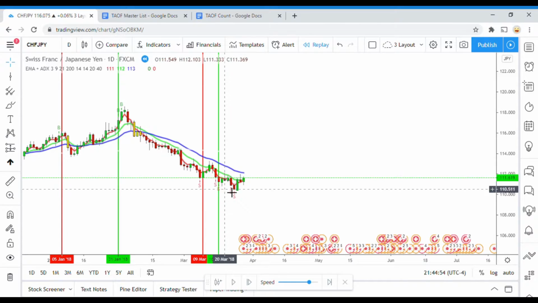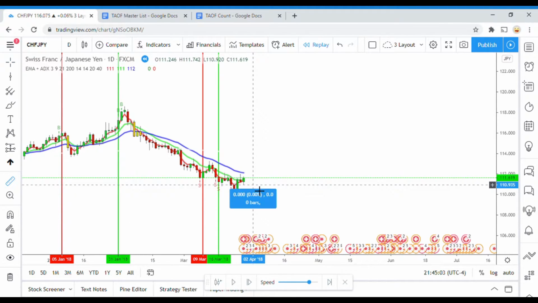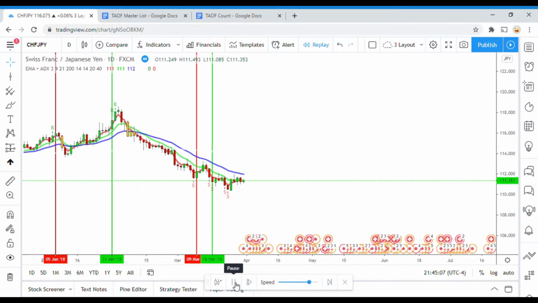This is where it goes a little confusing, because let's see, that would have come up, that would have stopped me out there, then it would have come back down there, giving me another signal to go short there.